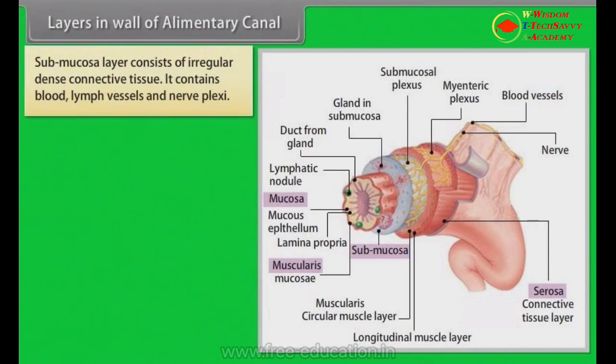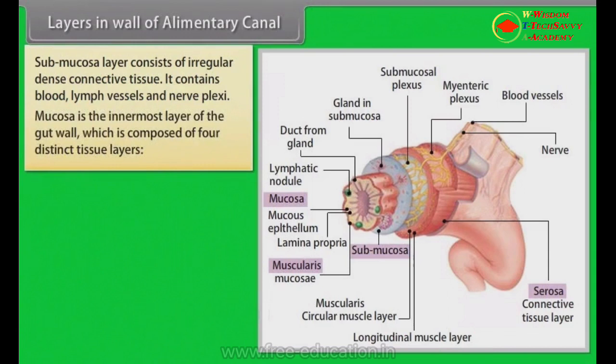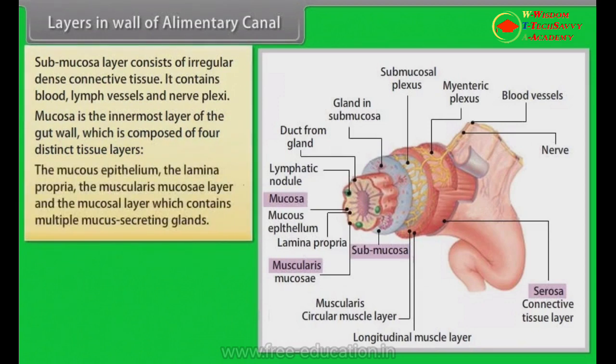Submucosa layer consists of irregular dense connective tissue. It contains blood and lymph vessels and nerve plexi. Mucosa is the innermost layer of the gut wall, which is composed of 4 distinct tissue layers: the mucous epithelium, the lamina propria, the muscularis mucosae layer and the mucosal layer, which contains multiple mucus-secreting glands.